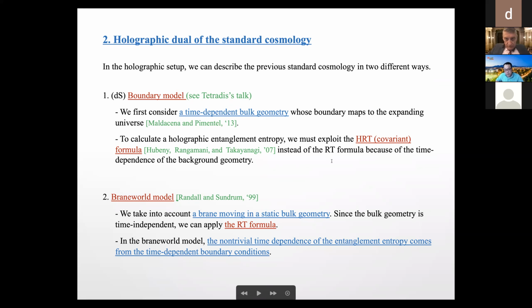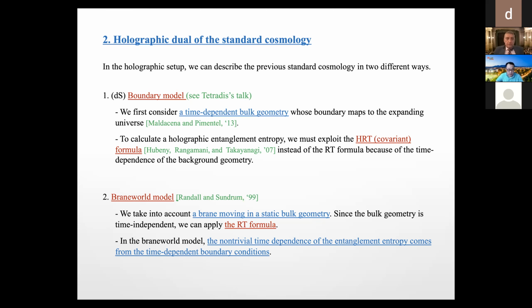We can also describe the expansion of the universe in a different setup, called the brane world model. In the brane world model, we consider two bulk spaces, and we divide these two bulk spaces by a brane. The bulk space is still static, so there is no time dependence, but the brane dividing the two bulk spaces can move.